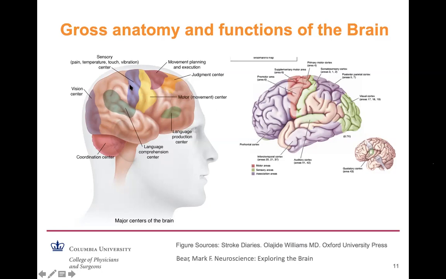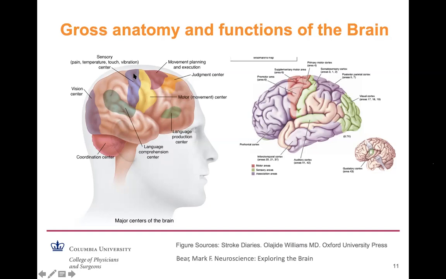This particular figure over here really just shows you all the different functions of the regions that I just mentioned. The occipital cortex at the back is responsible for vision. The superior temporal gyrus of the temporal lobe, and a little bit of the parietal lobe, is involved in language comprehension.